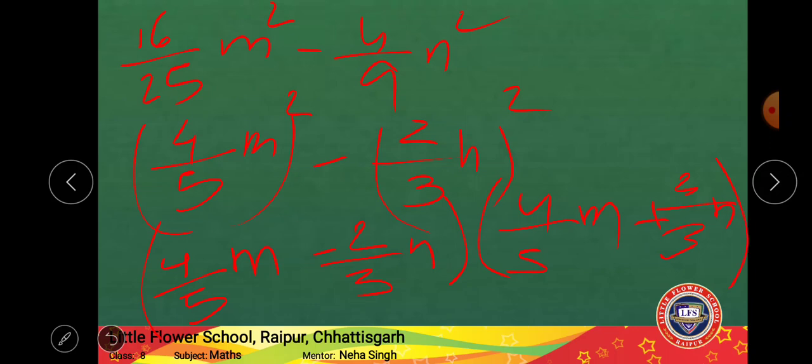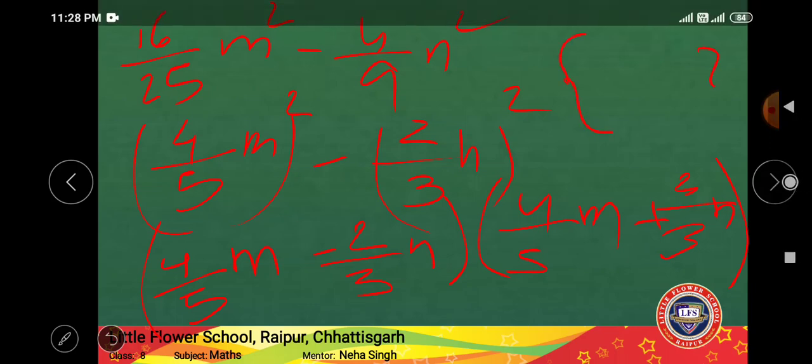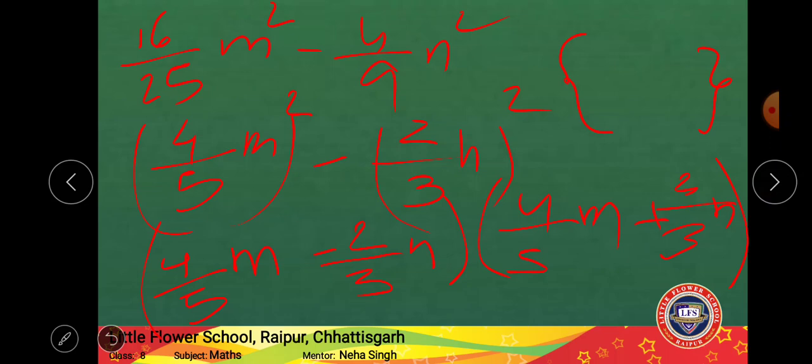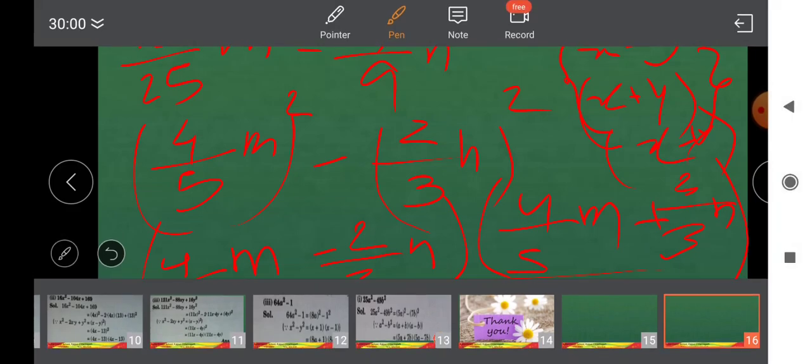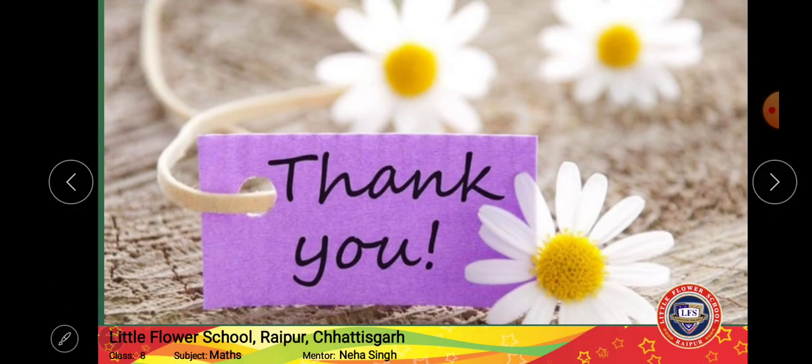So is this has been converted into the formula? Here you are going to write the formula. In every question I have not written, right? But one question I have told the steps that has to be followed in every question. Here you will write x square minus y square equals to x plus y, x minus y, right? So this is the answer. Last question you will do it on your own, and thus we finish this exercise now.